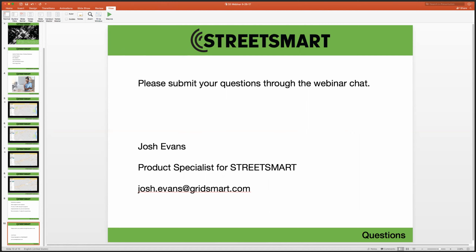And so, that's something where I would definitely recommend looking at GRIDSMART at the intersection for a much more accurate counting system and to collect data there, plus also the visibility of what's going on at the intersections. But StreetSmart's going to help you with understanding the flow of traffic past the intersection.